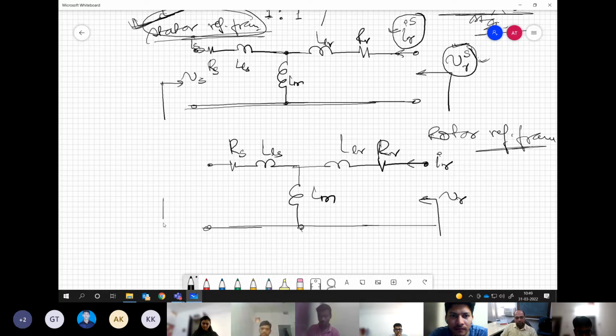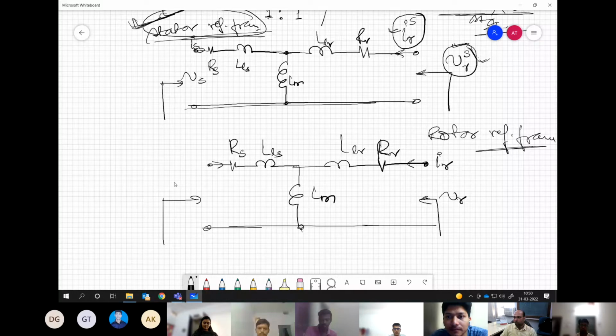Now what will happen to stator voltage and current? Will it look the same as what it was previously? No. VSR, ISR. It will be in the rotor reference. So we will be representing our quantity, voltage or current, in the rotor reference frame.